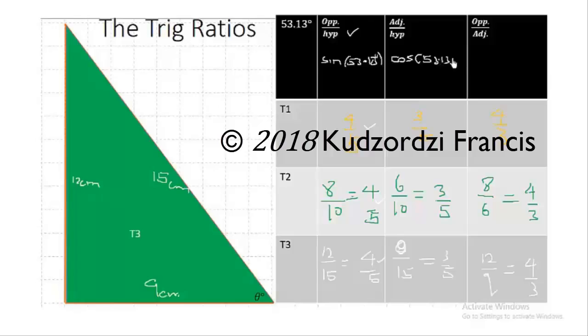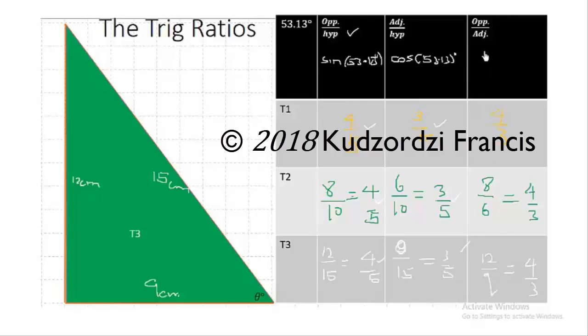Yours might be different, your angle might be different, but you should get a constant ratio for this. And that constant ratio is what we call the cosine of the angle. So you can find the cosine of 53.13, and it's supposed to be approximately 3 over 5, correct to 2 decimal places.